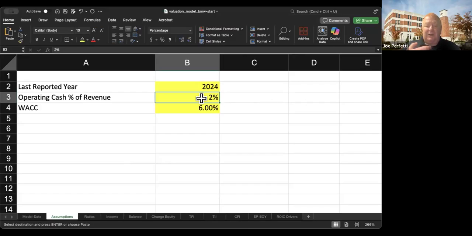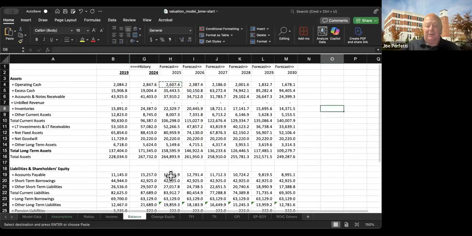So Excel has something called an absolute reference. That's the $B, $3 that says when you copy and paste, always use cell B3. Okay. And so that's the one step that I had skipped that you need to make sure you do before you copy and paste. But nonetheless, these would be the balance sheets going out through 2030 that balance.